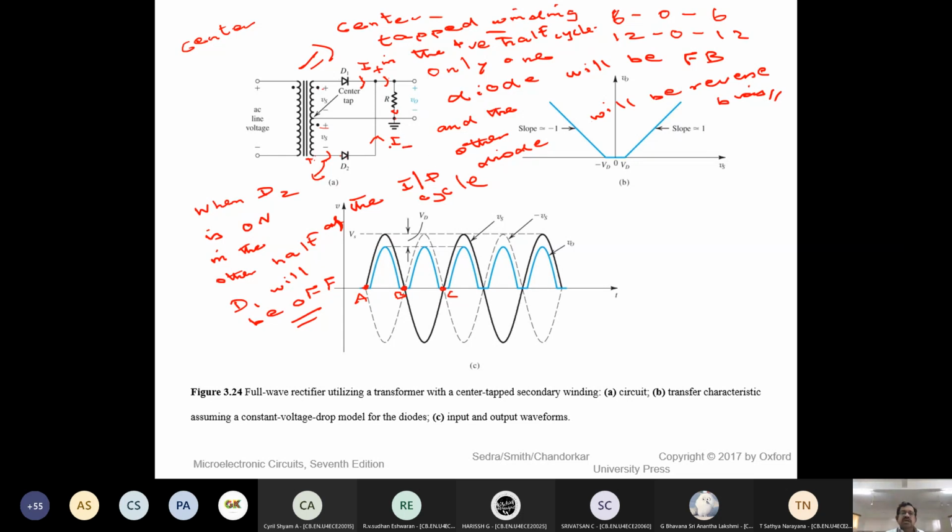As far as I put the plus and minus with respect to my input, this is in the negative direction. So try to understand that.